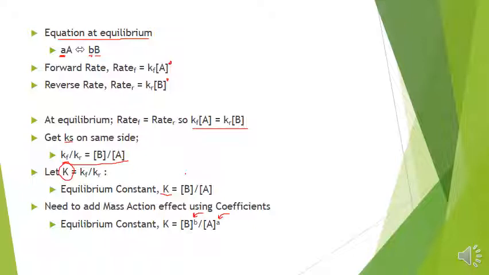So the equilibrium constant, K, for this reaction is equal to the concentration of B to its coefficient divided by A to its coefficient. And this is the basic way that we'll write equilibrium expressions, with product over reactants.